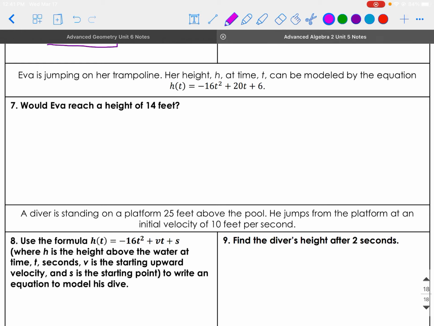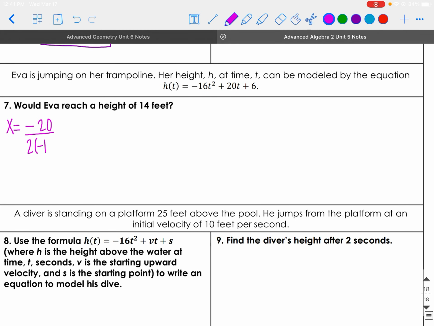So her maximum height, you've got to find the vertex, the y value of the vertex. So the x first, negative b over 2a. And we get 0.625.